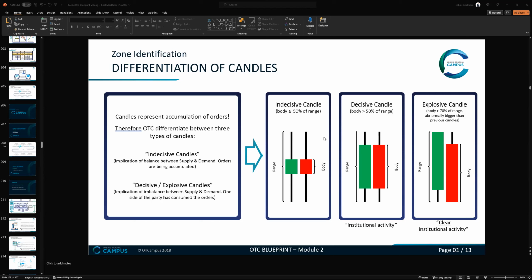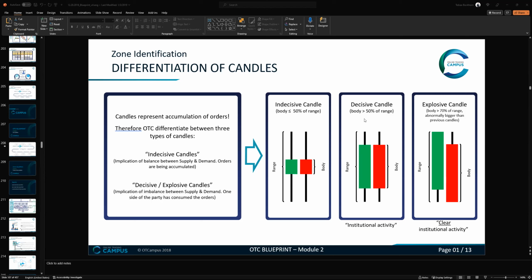I want to identify the three different candles here. Important, right, make a screenshot maybe. The definition of the indecisive candle: the body is less than or equal to 50% of the range. Here, look, the full range from the low to the high, and the body is less than 50%.